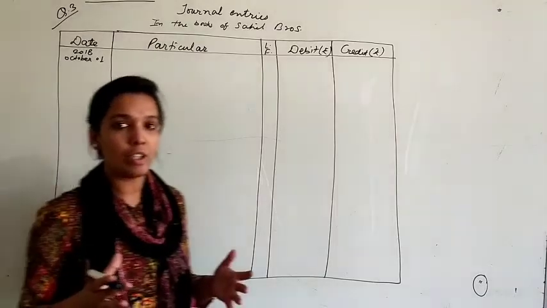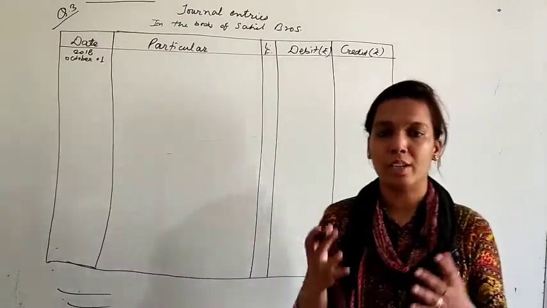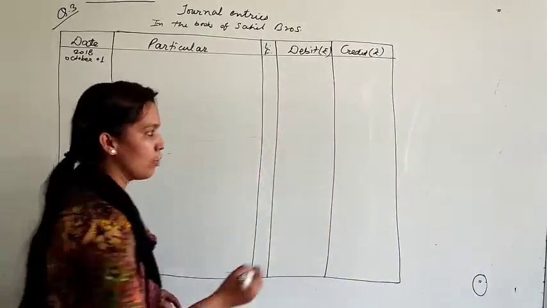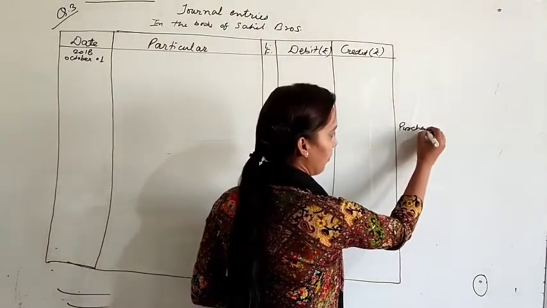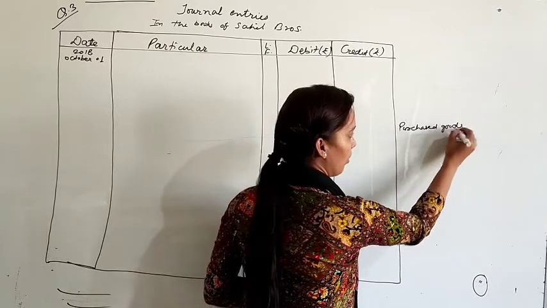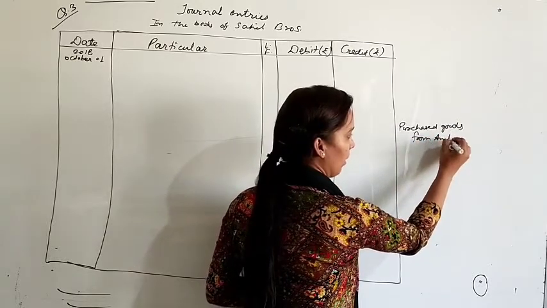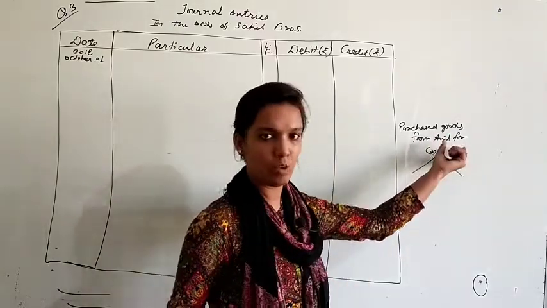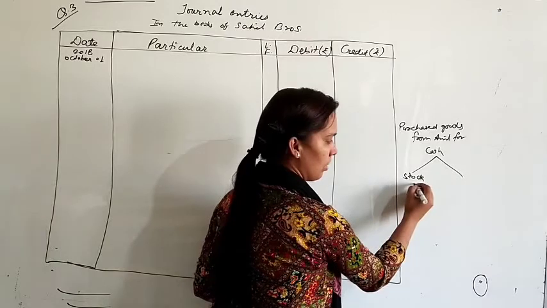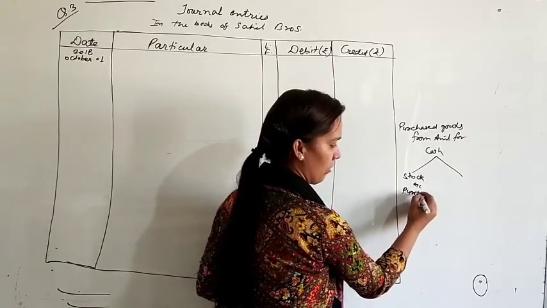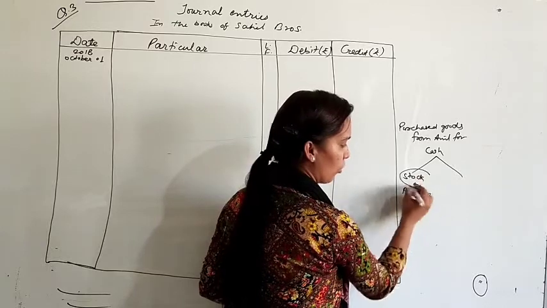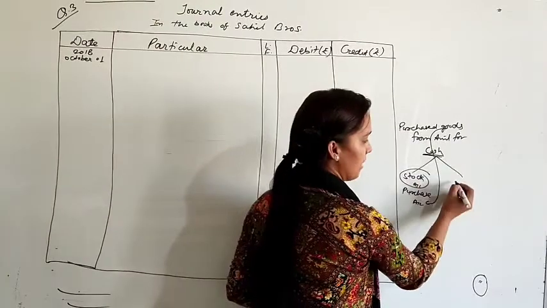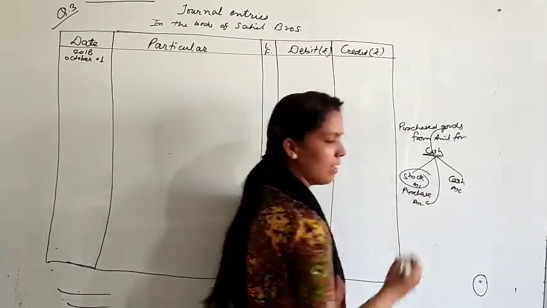Whenever you study any transaction, you should know which two accounts are affected. Here you are purchasing goods, so it means the stock account, but for goods we say purchase account. Second, you are purchasing in cash, so the cash account will be affected.